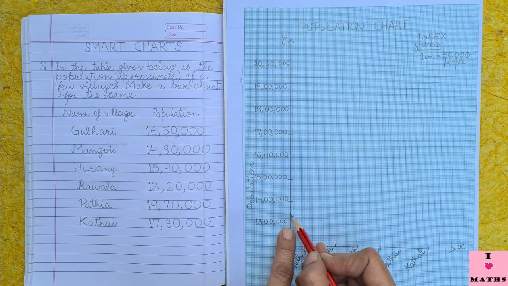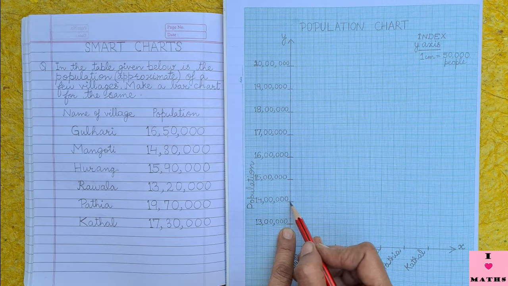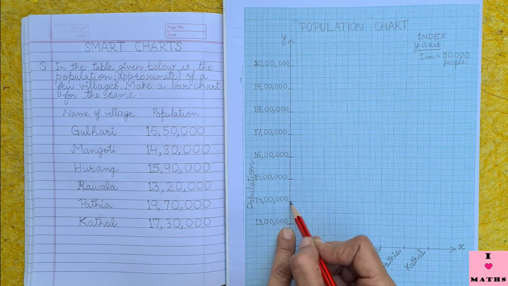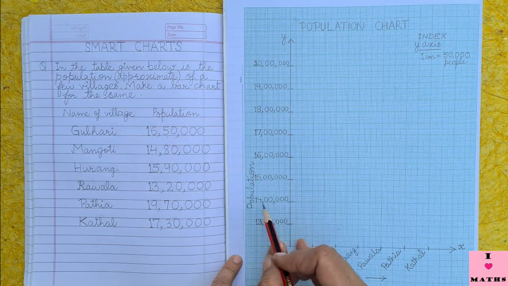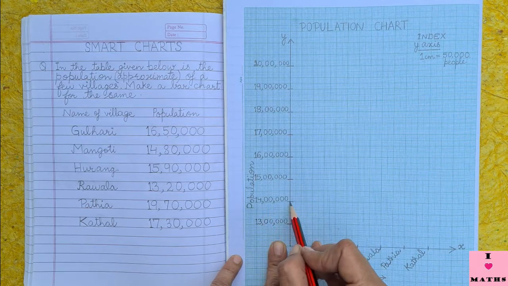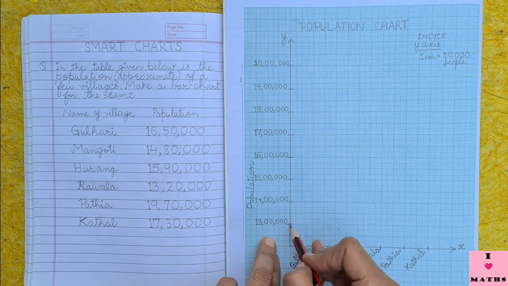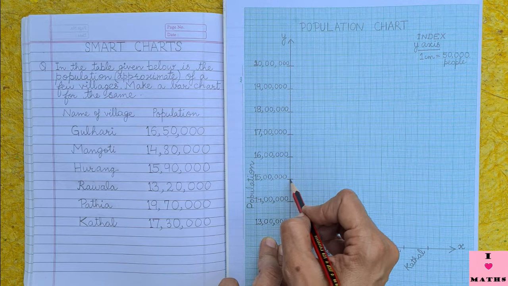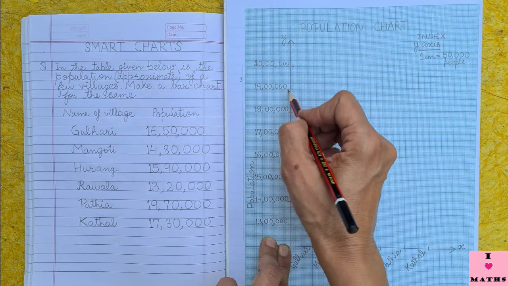So this point is 13,50,000 and this is 13 lakh. This is 14 lakh. Now children, this is 13 lakh, 14 lakh, 15 lakh, 16 lakh, 17 lakh, 18 lakh, 19 lakh and 20 lakh.